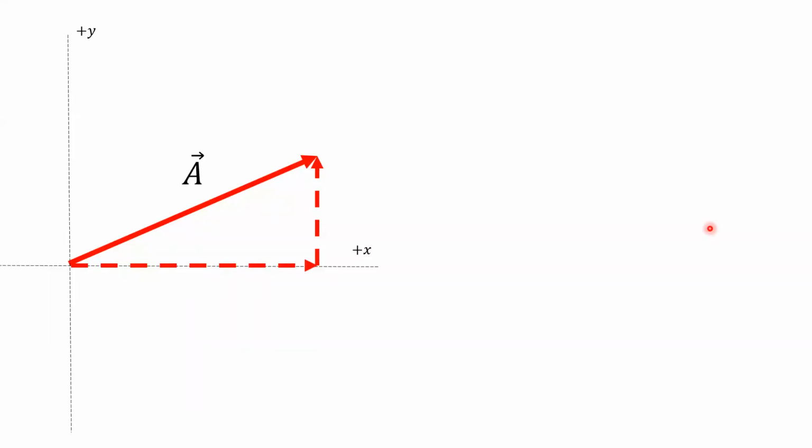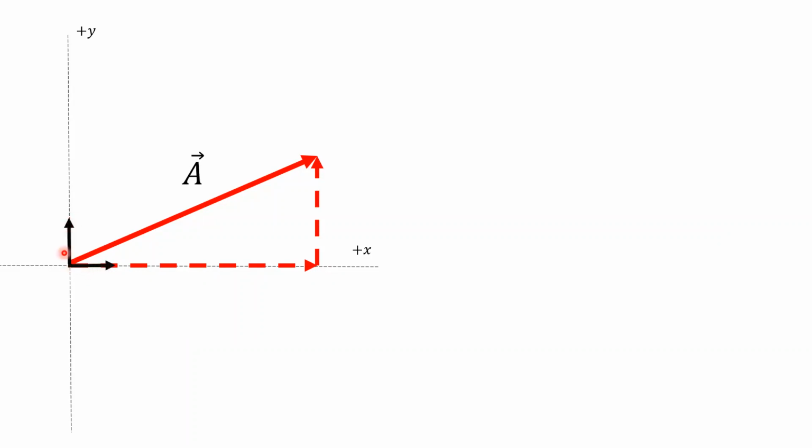Good evening. One concept that has not come up yet in our treatment of vectors is the idea of a basis or basis vectors. So the basis that we use most commonly in this class would be a rectangular basis, and it consists of, at least when it comes to problems in the plane, two unit vectors.